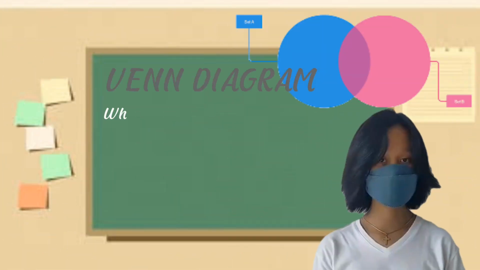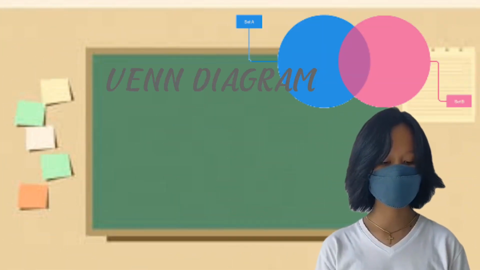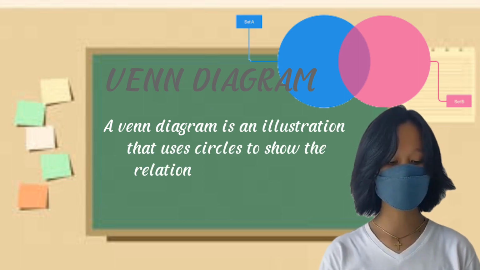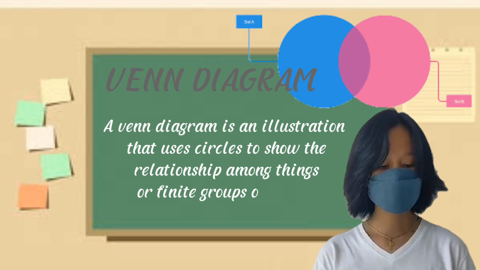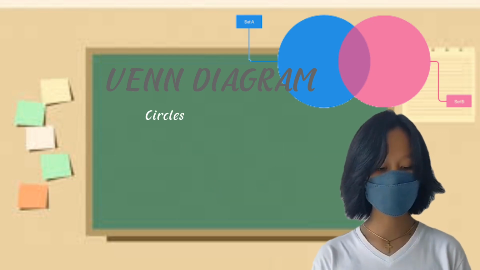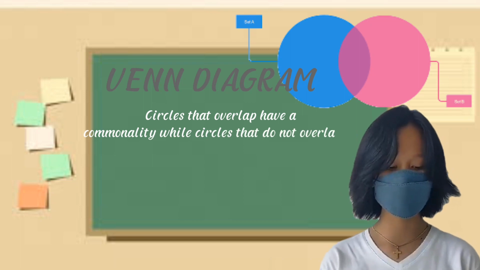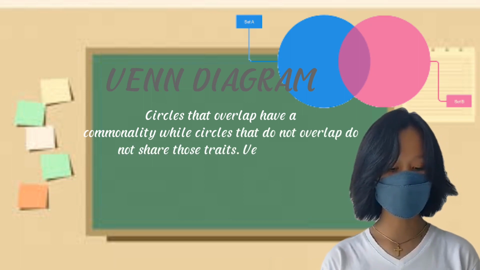Venn diagram. What is a Venn diagram? A Venn diagram is an illustration that uses circles to show the relationships among things or finite groups of things. Circles that overlap have a commonality, while circles that do not overlap do not share those traits.